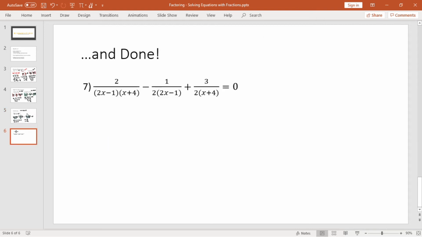Last one. Okay. I feel like this is going to be ugly. We have a plain old 2. We don't have any x's, but we have 2 different binomials. So this is going to be massive. And that's our LCD. So for our first one, we are going to multiply in the LCD.